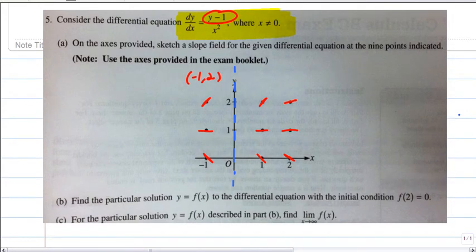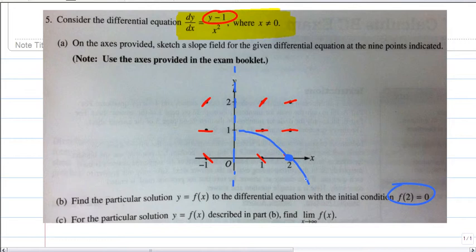Imagine these are all currents in the water and you dropped something in. The initial condition is when x is 2, y is 0. If you drop something in the water right there, it looks like it's going to go down like that.